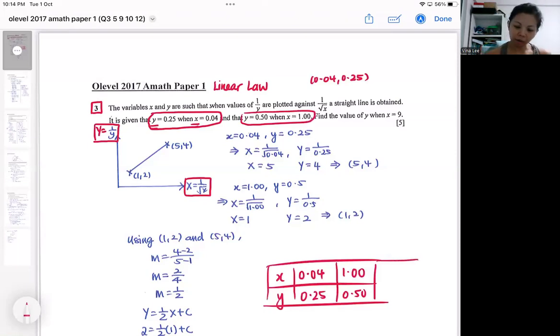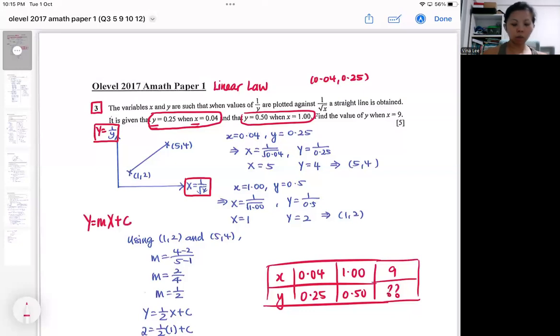So in a way, you are asked to find this. So you got a 9, then you want to know what is this. So your thinking should be, I will need the original value, original equation. That means the before linearized equation. So before linearized equation, that means I will need to get capital Y first.